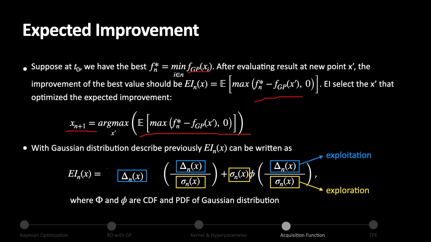So this function really describes how the expected improvement balances between exploration and exploitation. Notice that EI is easy to evaluate and implement, but it does not work well on noisy data.